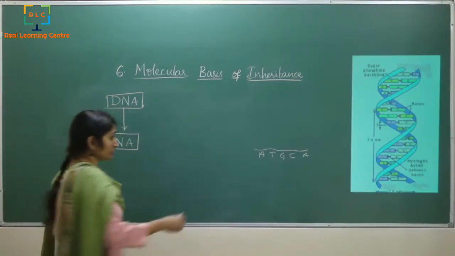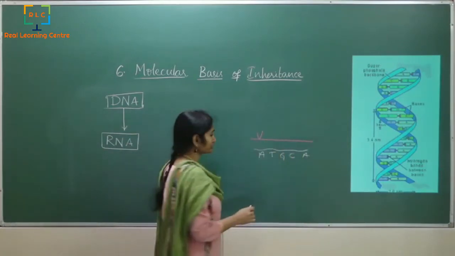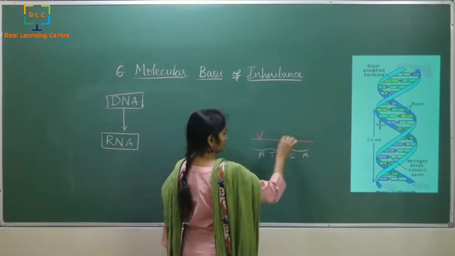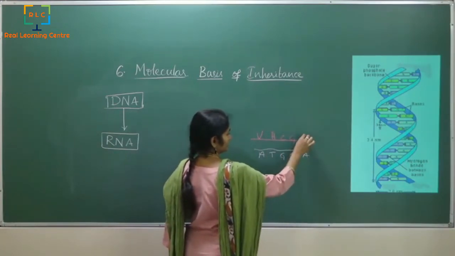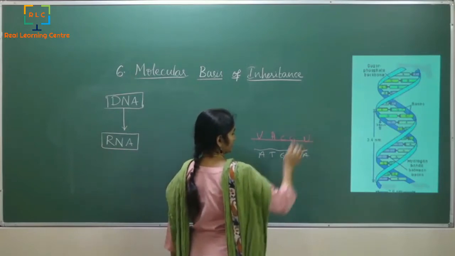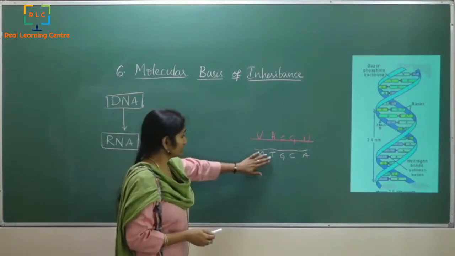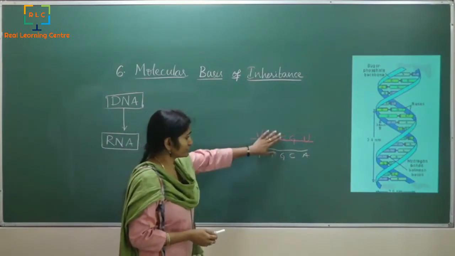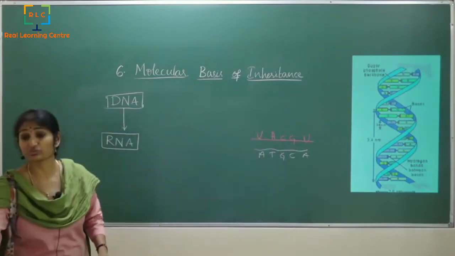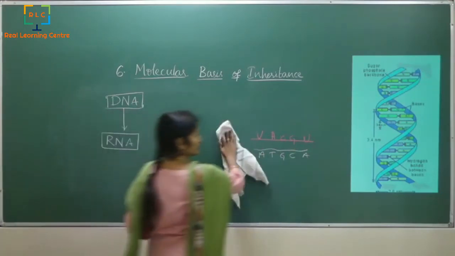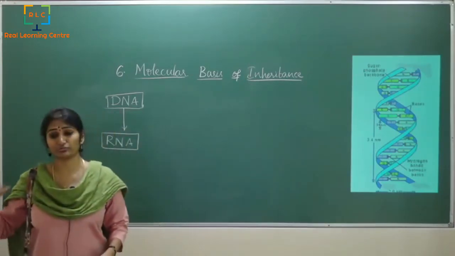If there is A, there would be uracil, so adenine with uracil, thymine with A, G with C, C with G and A with U. So this is the RNA molecule. What we see is that one strand of DNA is read as an RNA molecule.